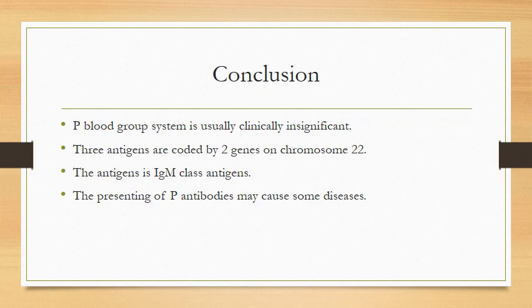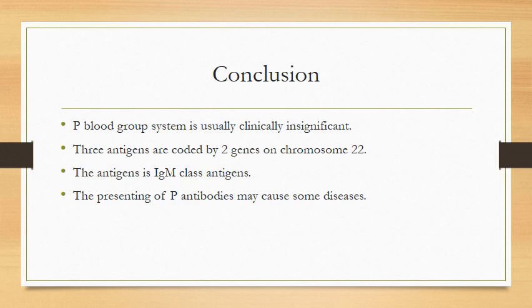So as a conclusion, the P blood group system is usually clinically insignificant. The routine lab test won't test for the P antigens or antibodies. The three antigens are coded by two genes on chromosome 22.